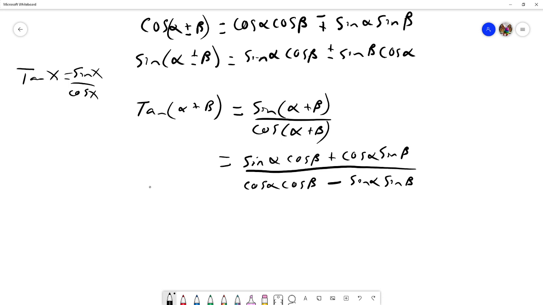Now, what we want to think about is that we want to turn this somehow into a statement about tangents. So, if we think about what we have here, we've got a sine times a cosine term, and we got sines over here.